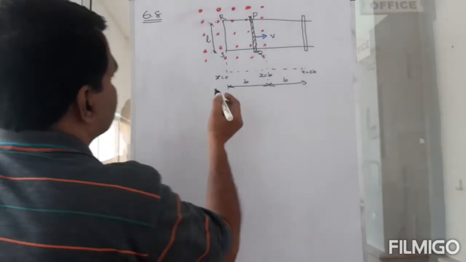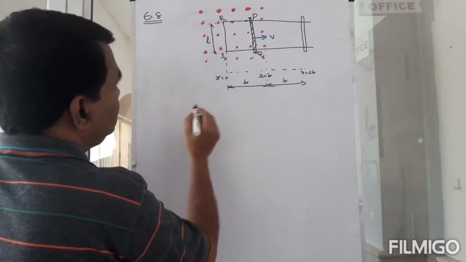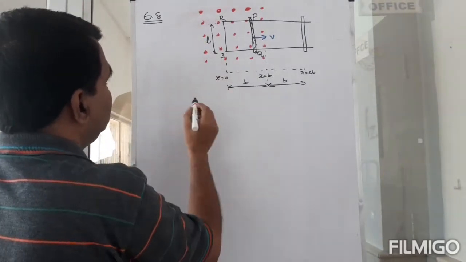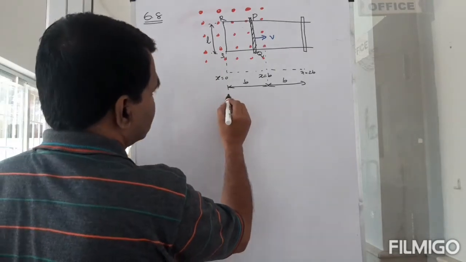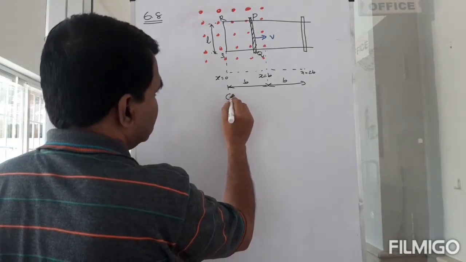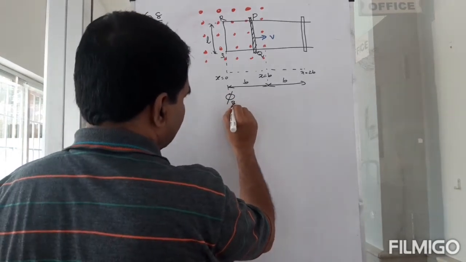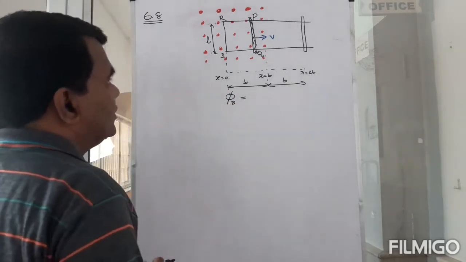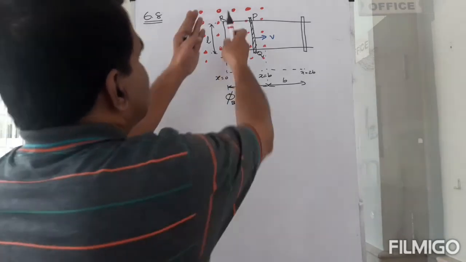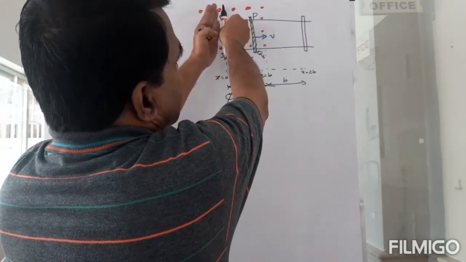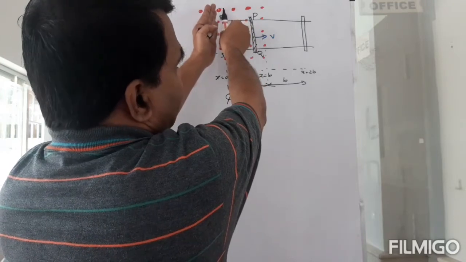First, let's see, what about the flux? The flux, phi B, it's magnetic flux, so we call it B. If the rod is here, then the flux inside the loop will be 0, because there is no area for that loop.